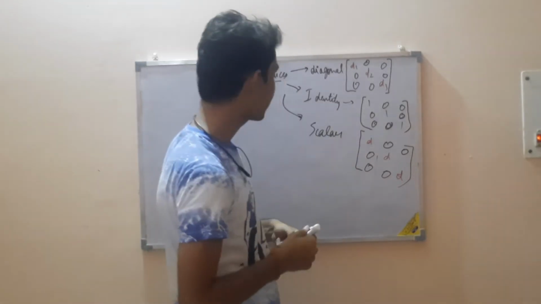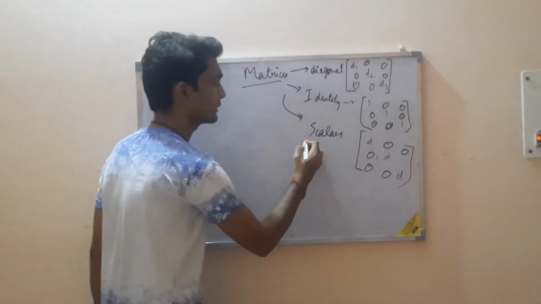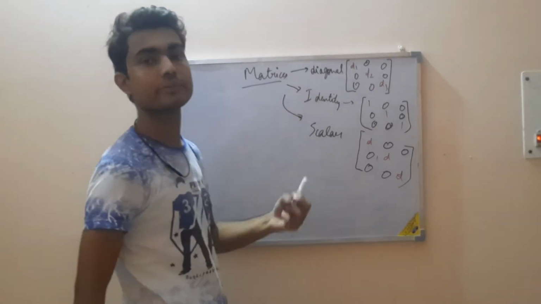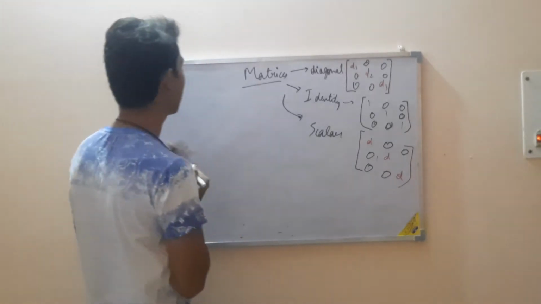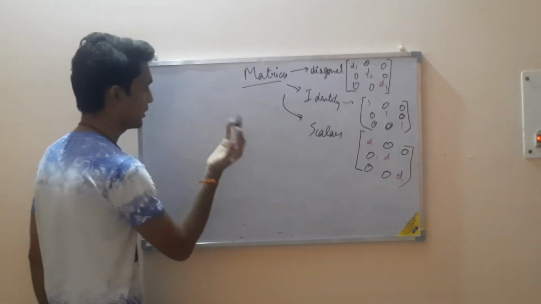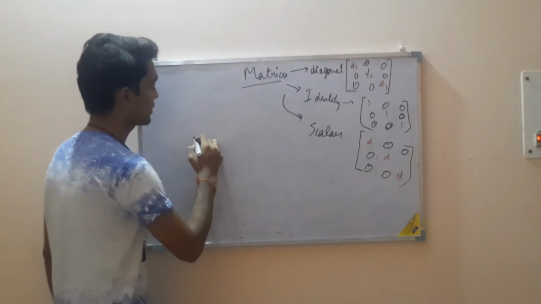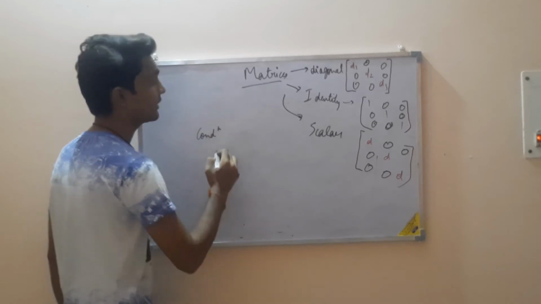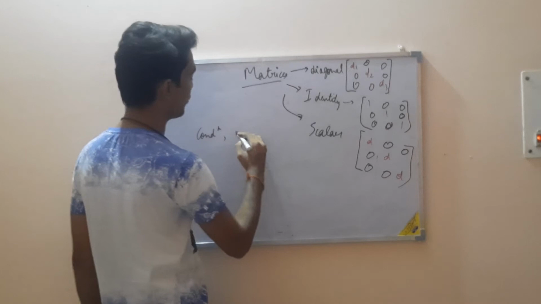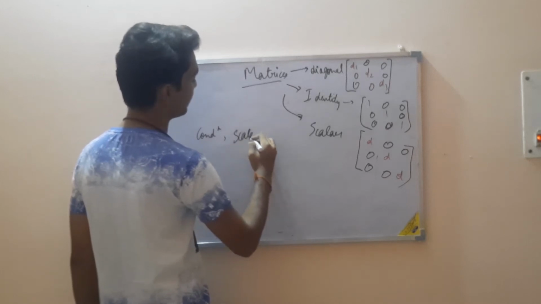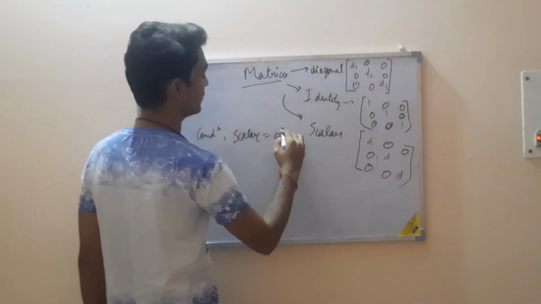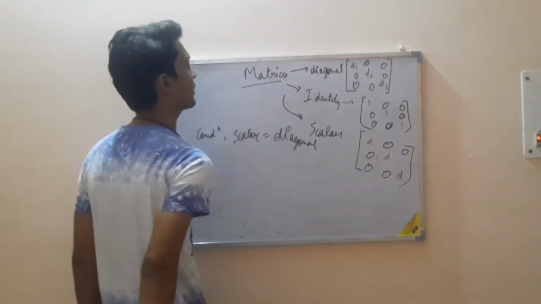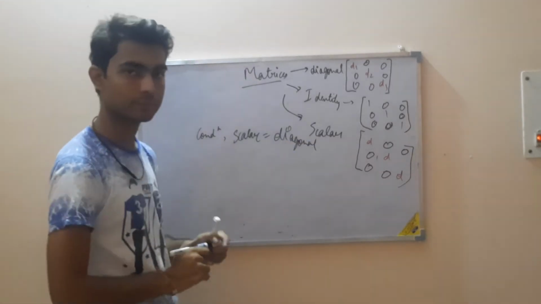Let's see it in question form. What is the condition required for a scalar matrix to be equal to a diagonal matrix? Try to think and try to answer it.